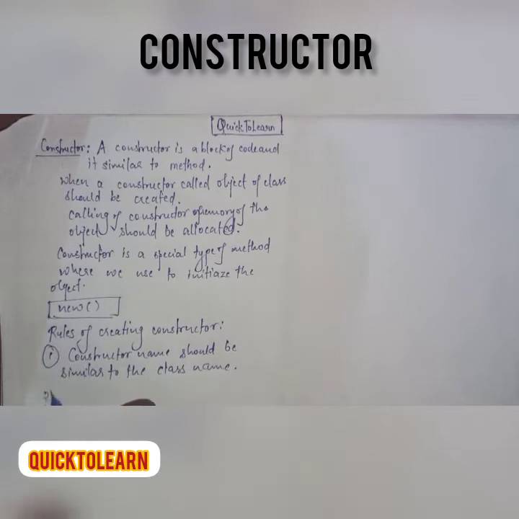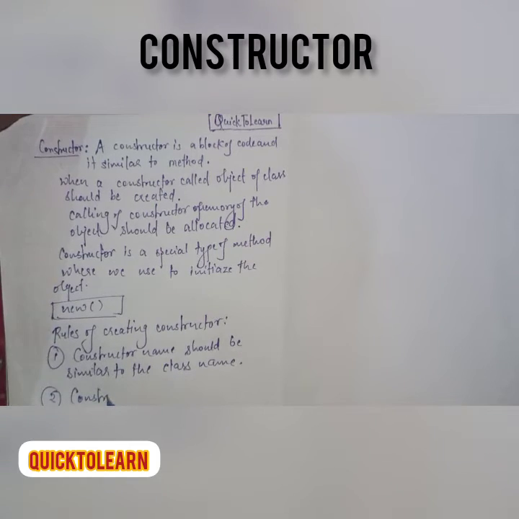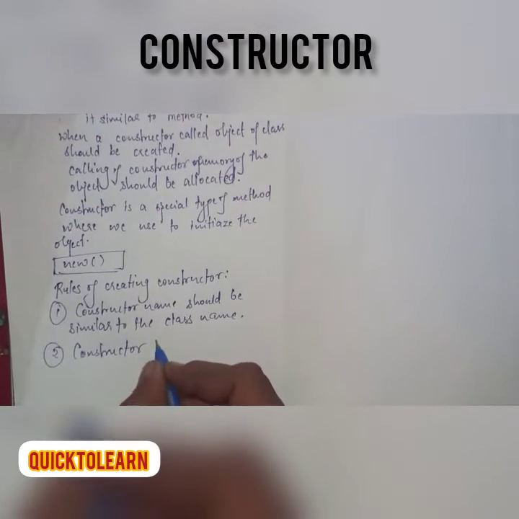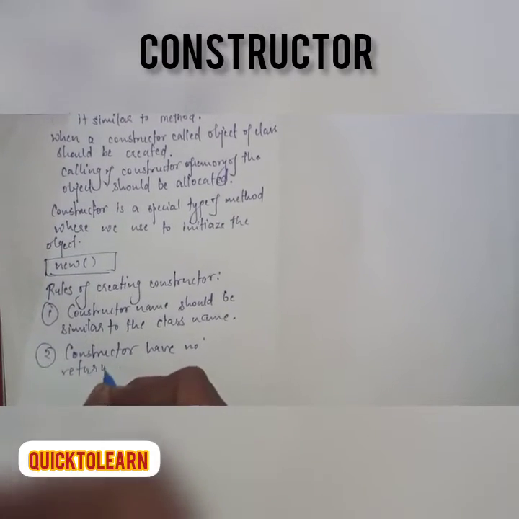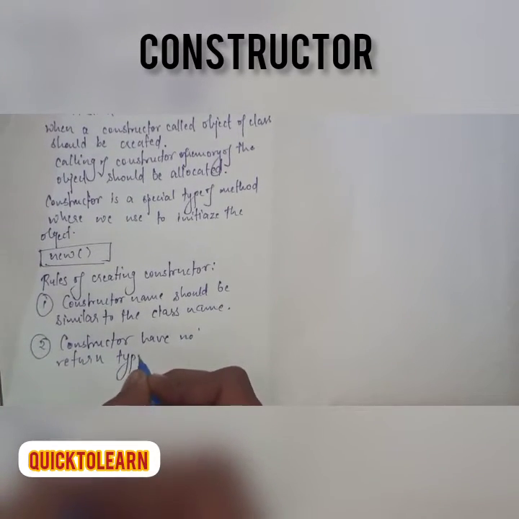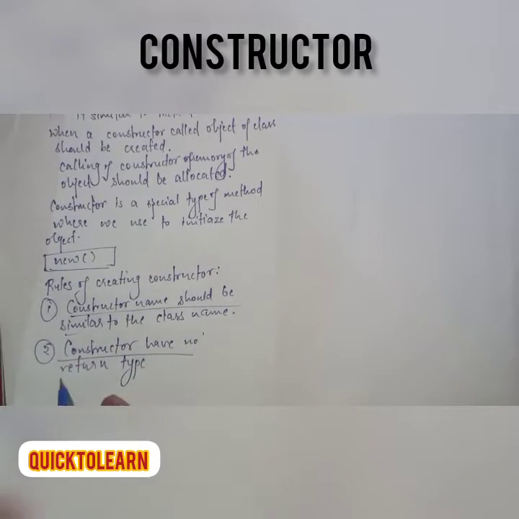And the second rule is that constructors have no explicit return type, meaning they have no return type. These are the two rules of creating a constructor.